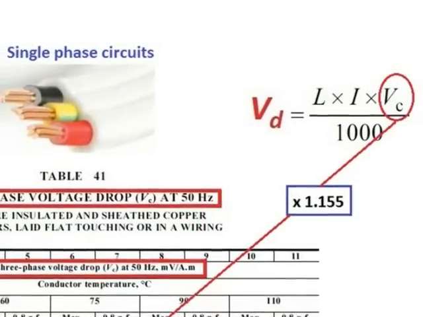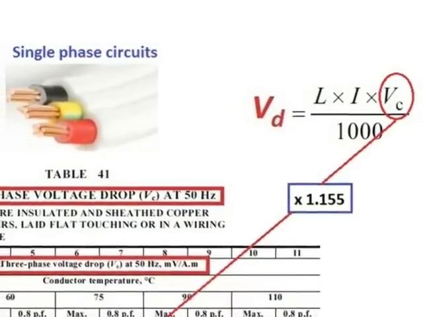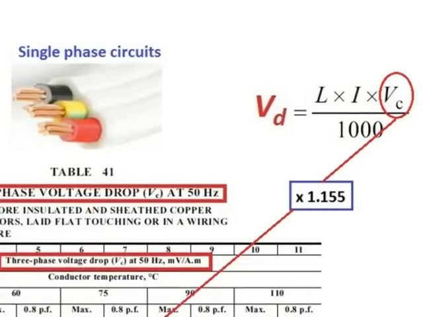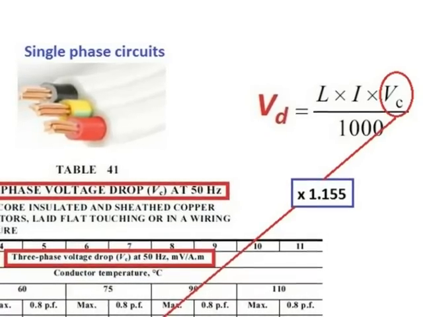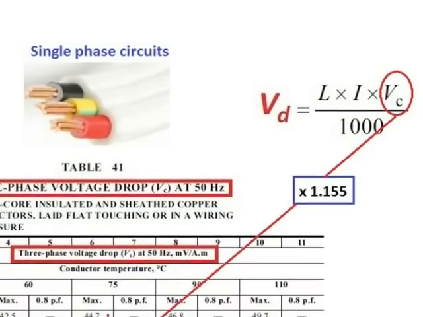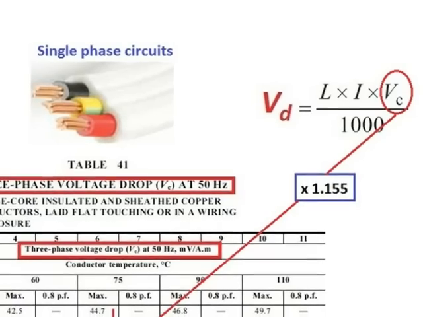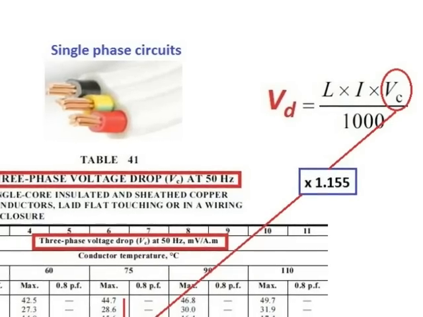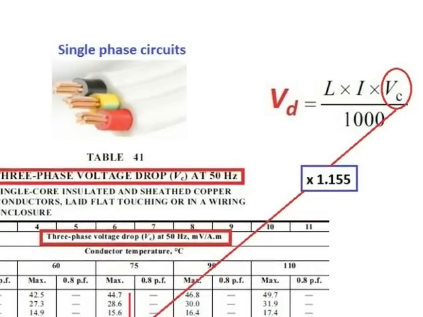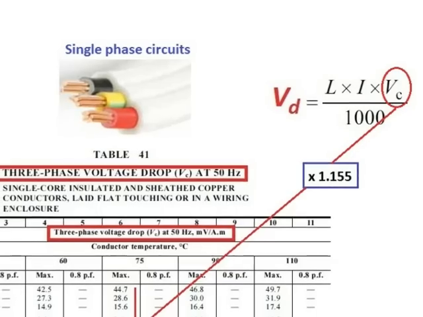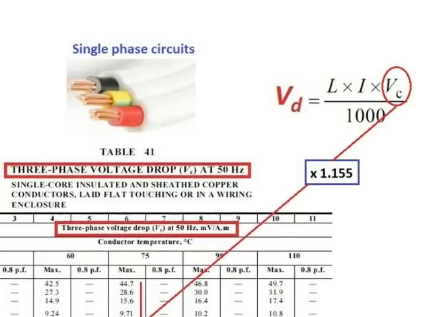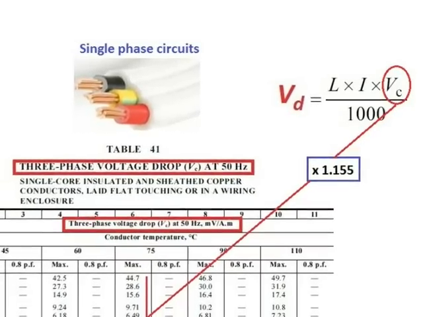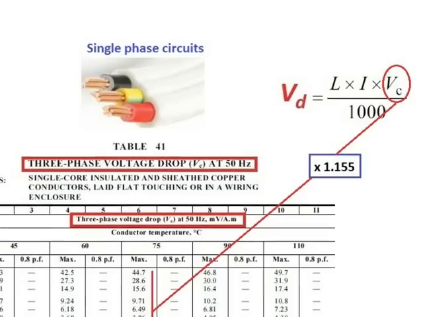In this example, I'm looking at determining the volt drop that's going to occur in a single phase conductor, whether it's a consumer's mains or a final sub-circuit. Again, the VC that I'm going to use is going to be determined by the cable size. So I'll cross-reference the cable size in the VC table, and that will give me my actual VC.